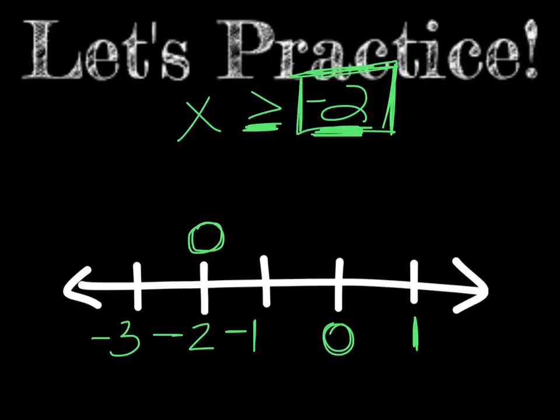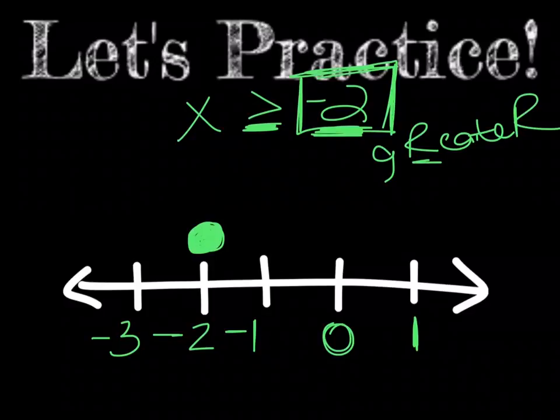Since it has the or equal to on the end, that means it's going to be colored in. So I have to color in this circle. That's as good as it's getting. And then it is greater than, okay? Remember, when we wrote greater, we capitalized the R's because we wanted to remember that greater than is to the right.